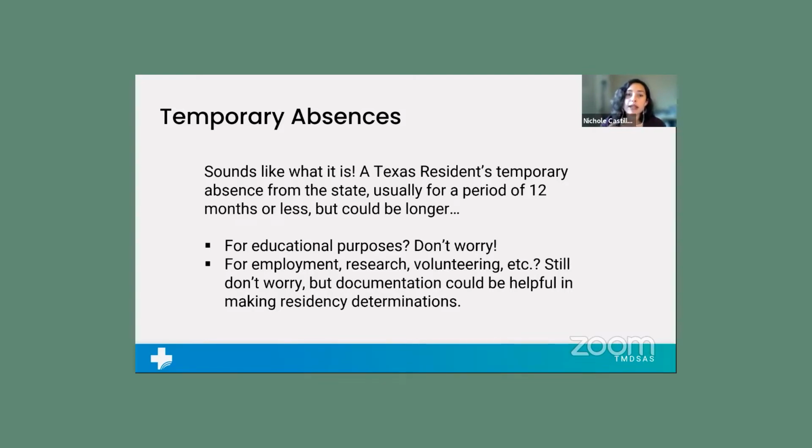So if you are engaged in or planning to be engaged in any activities that exceed 12 months out of the state of Texas, you want to make sure that this is considered a temporary absence, that it doesn't put your residency in jeopardy. Work on getting documentation either from your employer or your supervisor that just supports that this is a temporary thing and that you intend to return to the state at a certain time. And that, like I said, really helps when TMDSAS is working through your application and making those residency determinations.